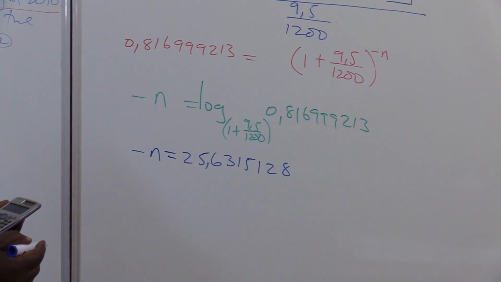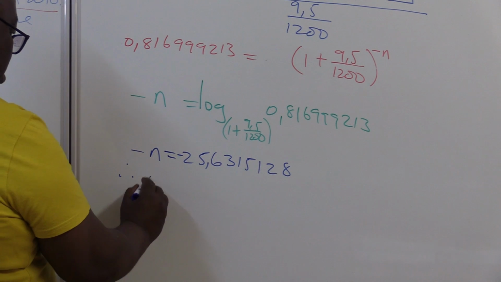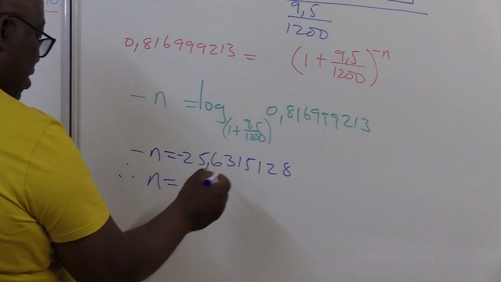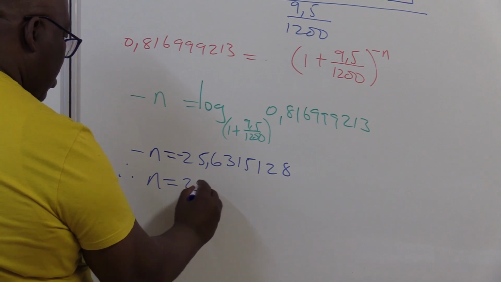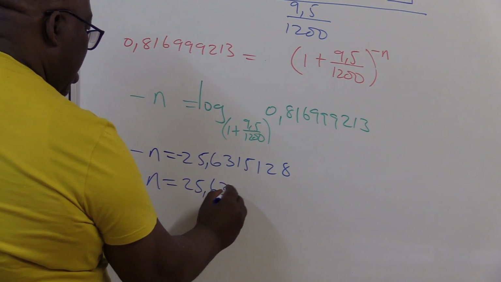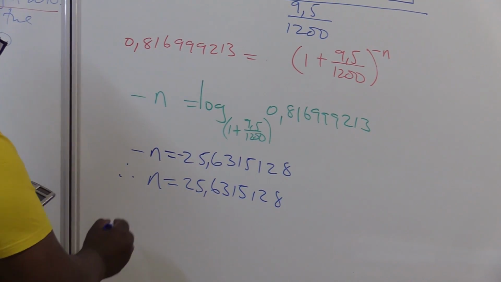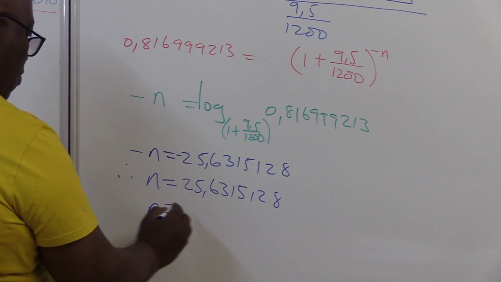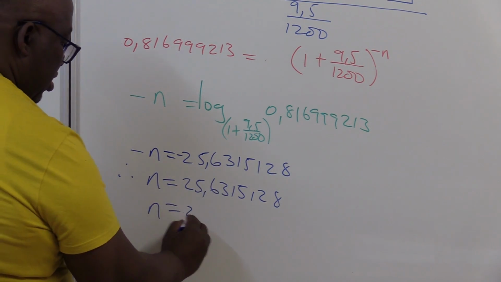All right, remember it is also negative. Therefore, n is equal to 25.6315128. Therefore, n will then be equal to 25. It is 26.